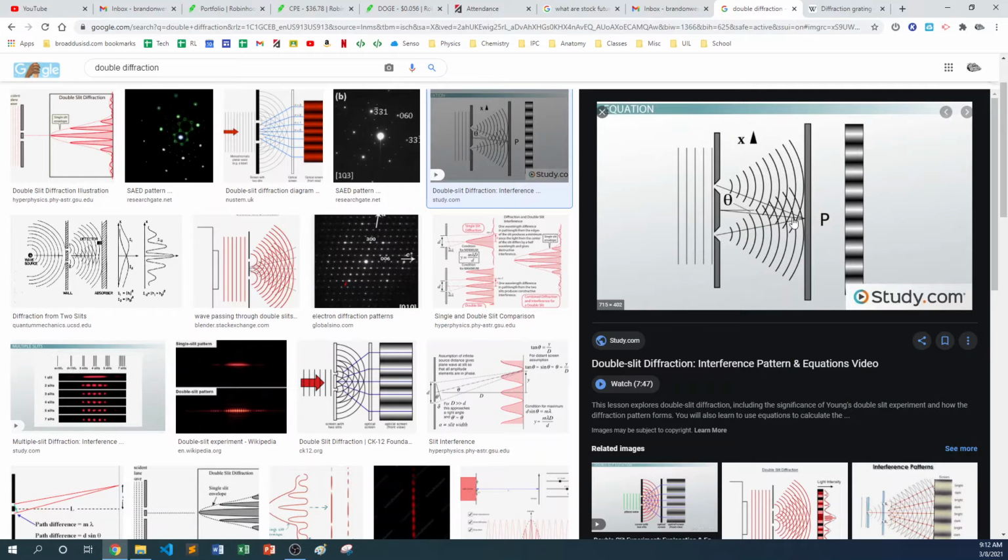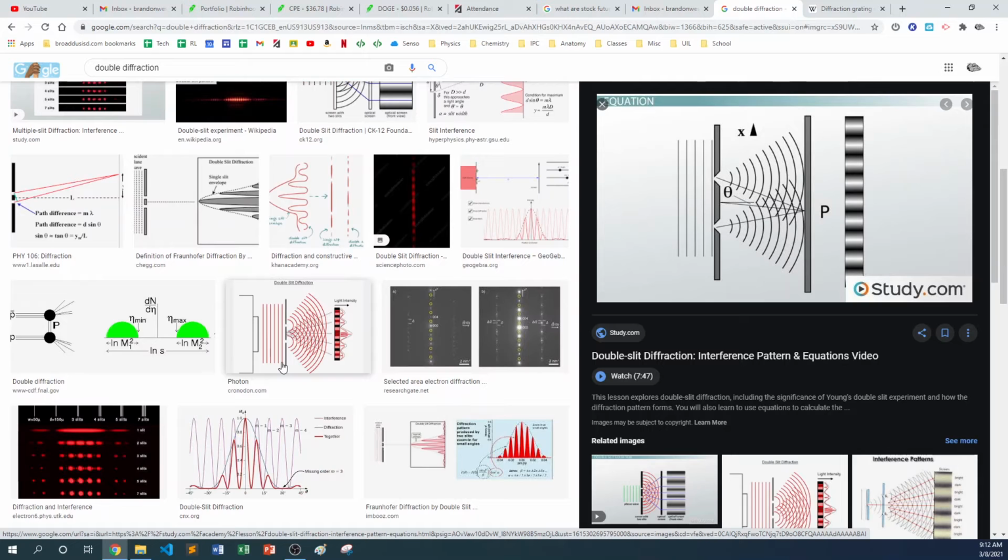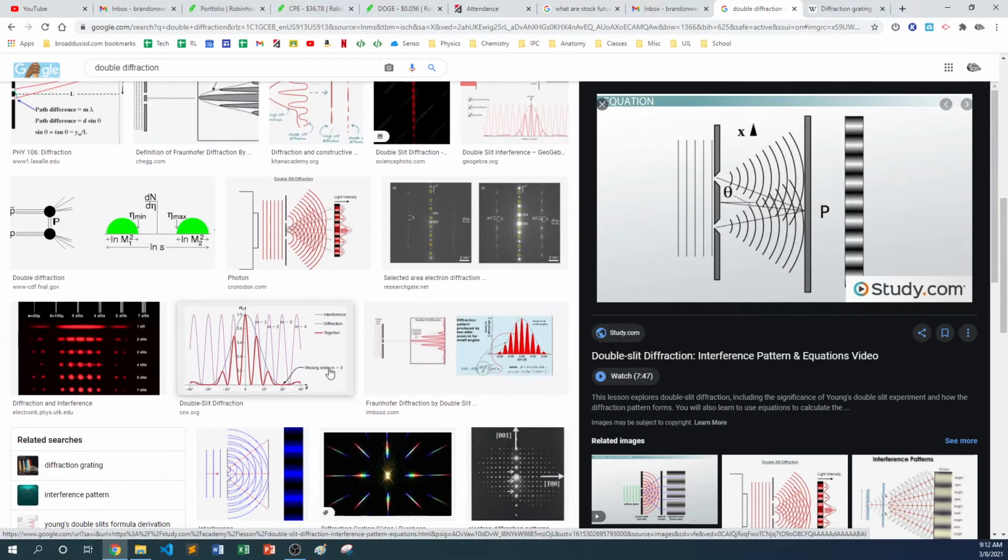So we can see here it's a multiple of n, obviously it's 0, but there's overlap. I'm trying to find a good picture.